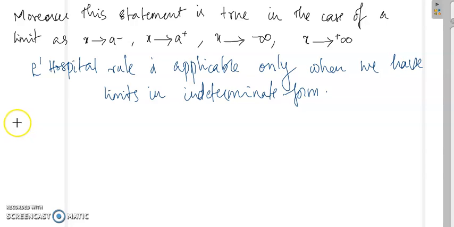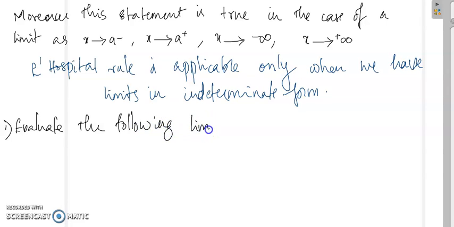So let us see a few problems. Evaluate the following limits. The first one is limit x tends to 0, sin 2x by x.